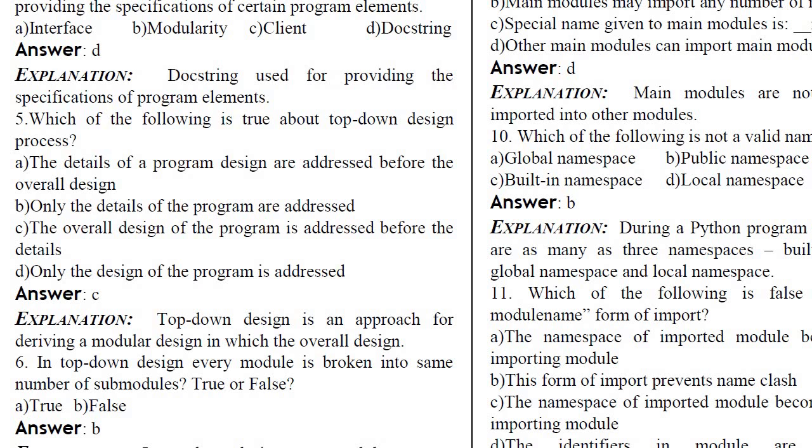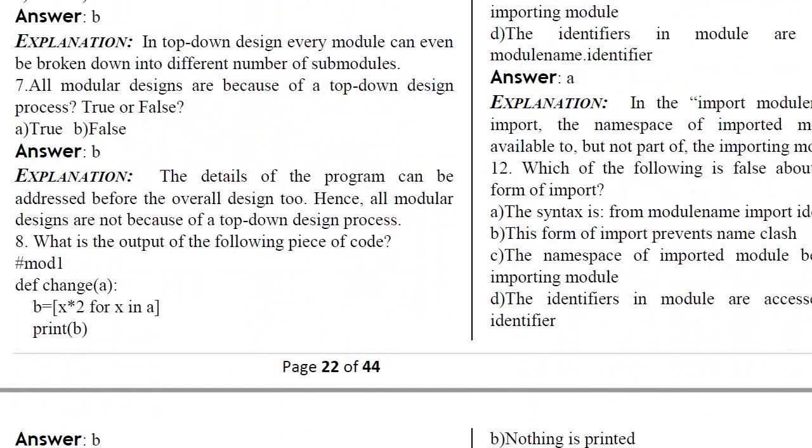Now next question: all the modular designs are because of the top down design process. True or false? It would be false, because details of the program can be addressed before the overall design too. Not all modular designs come from the top down design process.